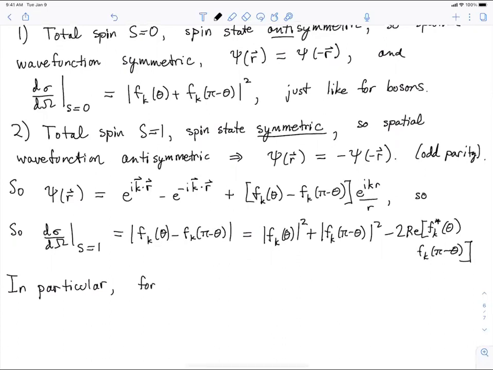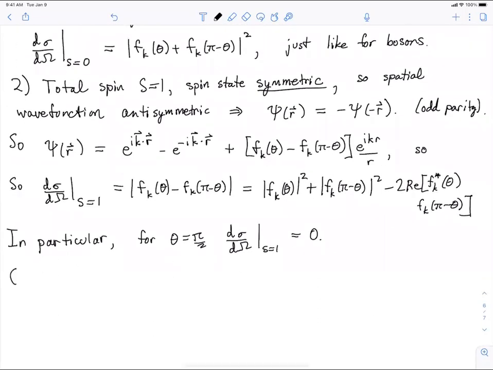So for theta equals pi over 2, d sigma by d omega in the spin 1 combination is 0. So one thing that means is if I look at right angles to the beam, any particles that I see out there from the scattering have to be in a spin 0 combination because the spin 1 combination vanishes.